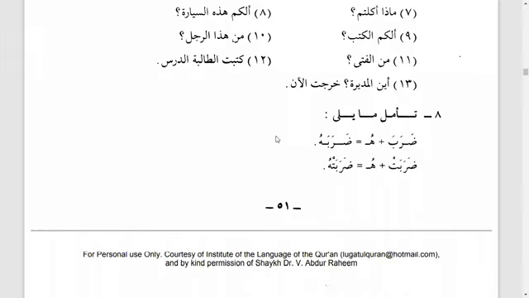So mararna, the ra comes back, because we have 3 letters, and idgham is only for 2 letters. If we have more than 2, there will be no idgham. We will not merge them. So mararna, we have ra 3 times, so there is no need to merge it.